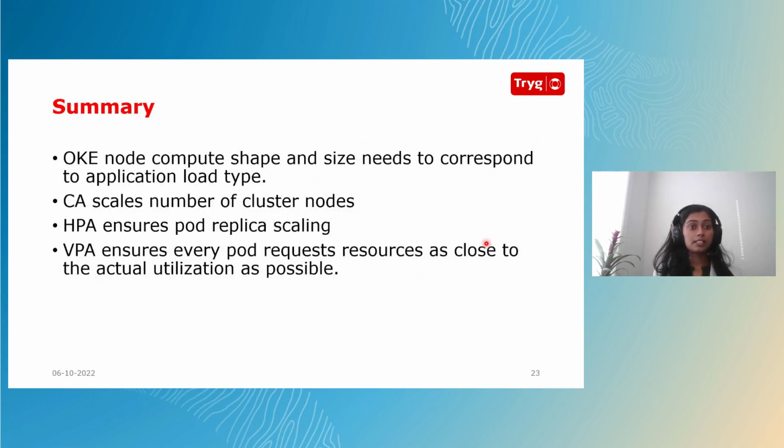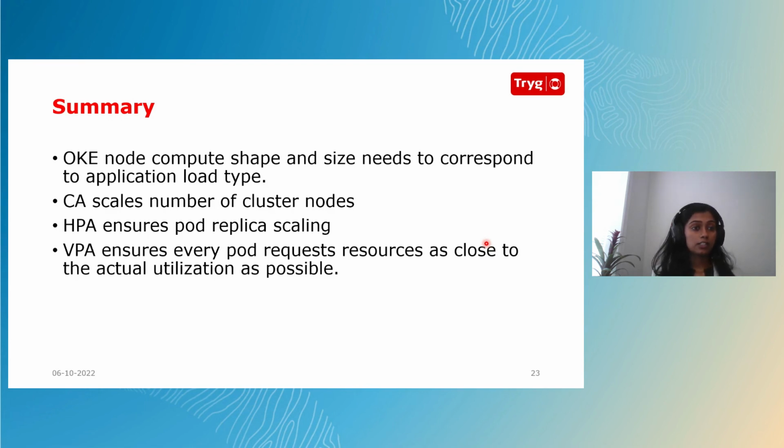A few key takeaways from this session. We need to be a little more aware of our application load type while choosing what kind of nodes and what shapes, make an educated guess as to which shape would be needed and what processors I can use, and implement those node optimization techniques to the best of our ability.